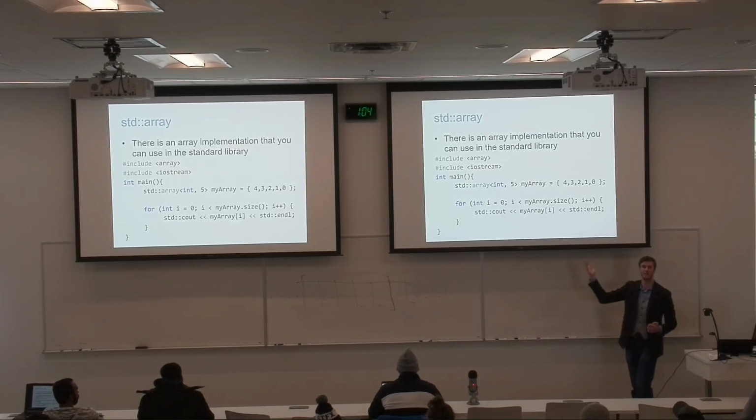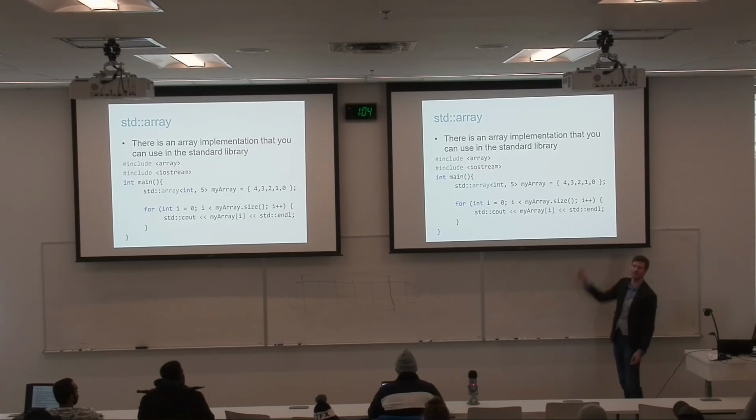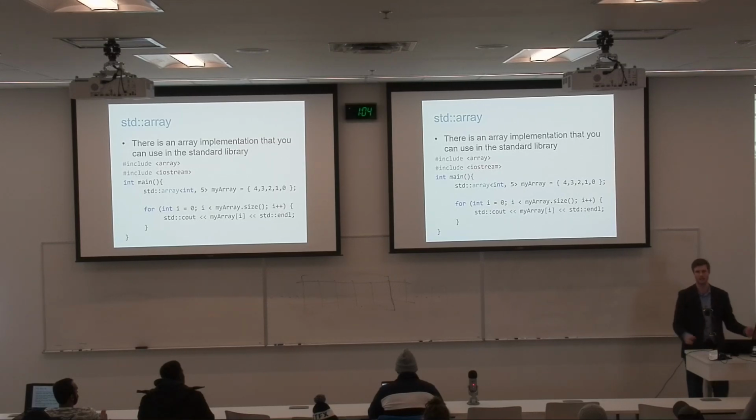So this does exist, and what's cool about it is, so standard array, what do you think's in those triangle brackets? The type and how big it is. You can ask how big its size is, for example. It's just handy stuff. But we're not going to use this. But by the way, it's a thing.